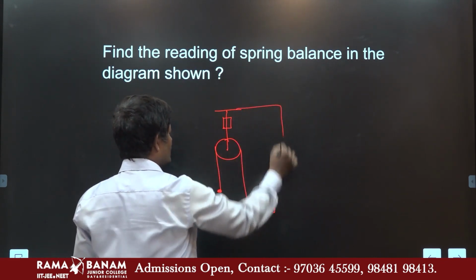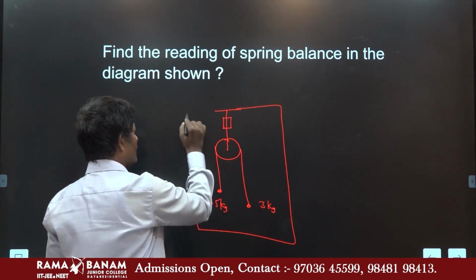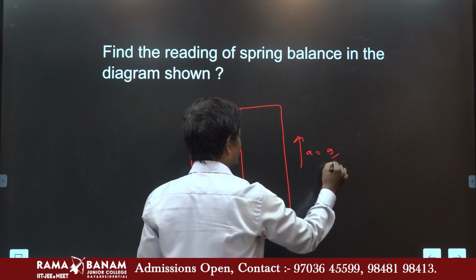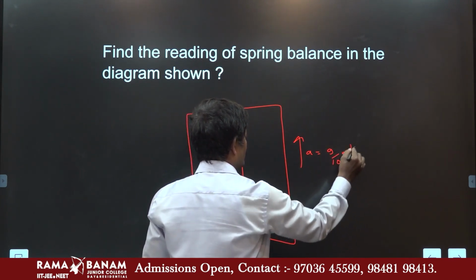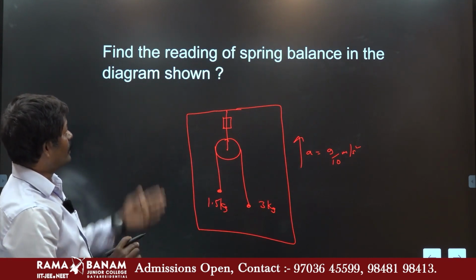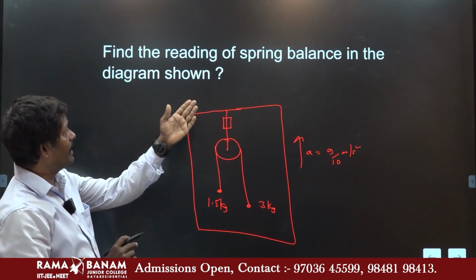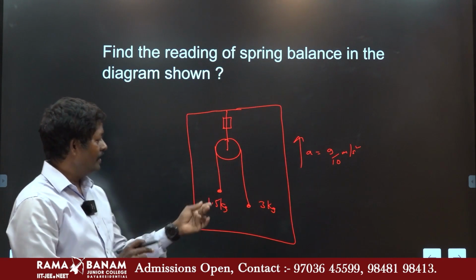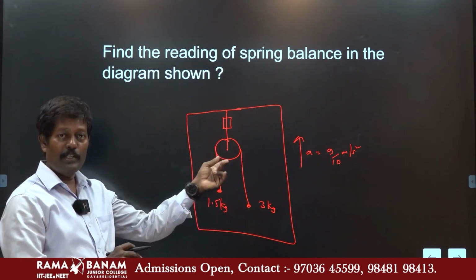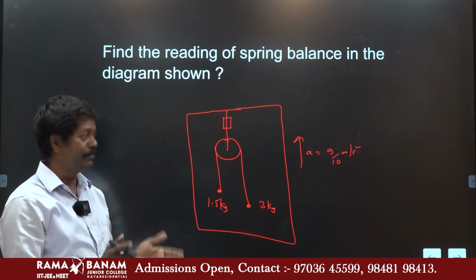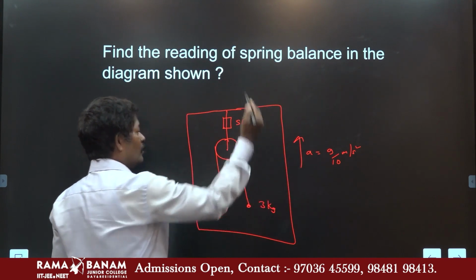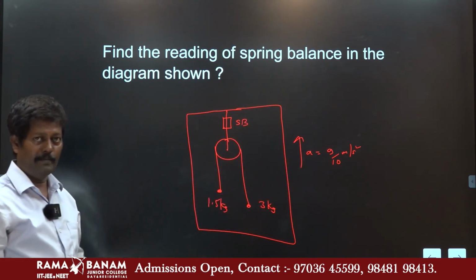The whole system is inside a lift which is going up with acceleration g by 10 meter per second square. It's a light pulley. If I don't mention, you have to take it as a light pulley, and you have a spring balance attached here.